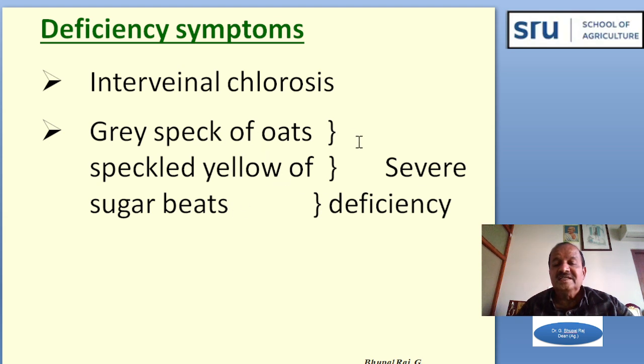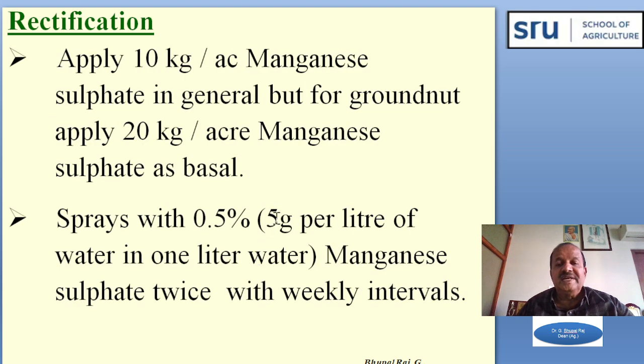These are the most common symptoms when there is severe deficiency. How do we rectify it? Generally, we apply 10 kg of manganese sulfate per hectare, but for oilseed crops like groundnut, we recommend double the dose. It is recommended as a basal application to take care of manganese deficiency in the coming crop.